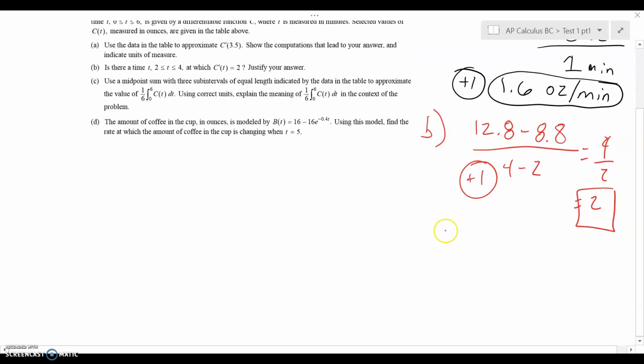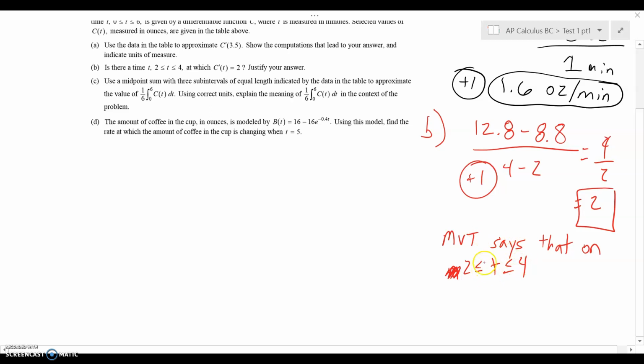This one they're asking for the justification, that you use mean value theorem. So mean value theorem says that on 2 to 4, can't have negative time. Well, we can, but we won't talk about that one here, and it's not necessary to the problem.